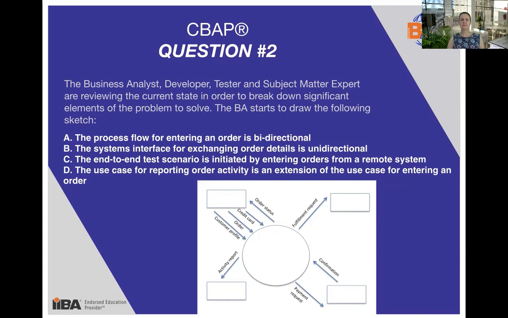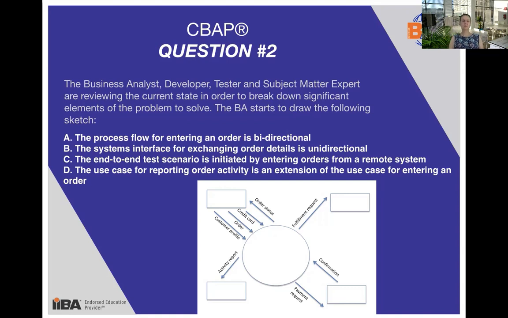B, the system's interface for exchanging order details is unidirectional. C, the end-to-end test scenario is initiated by entering orders from a remote system. And D, the use case for reporting order activity is an extension of the use case for entering an order.